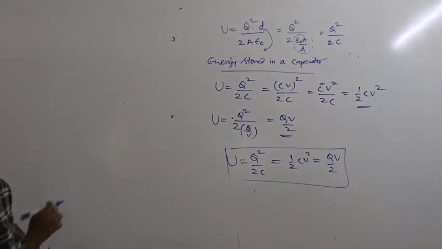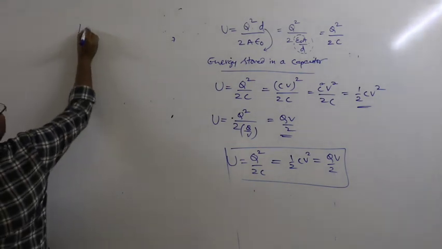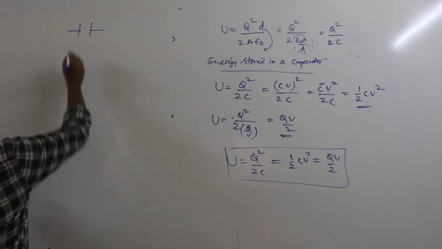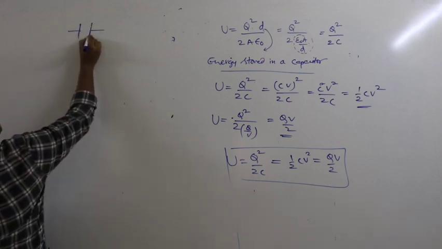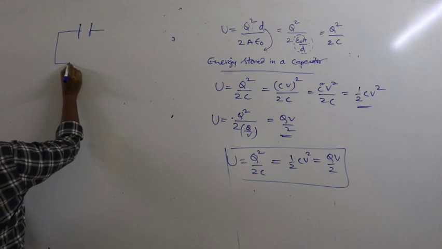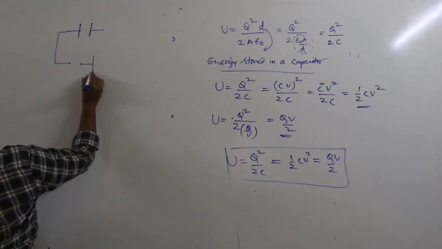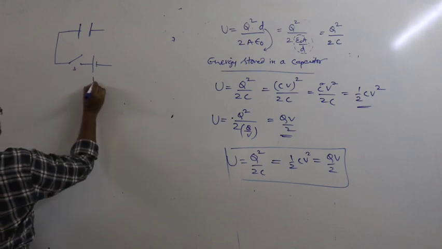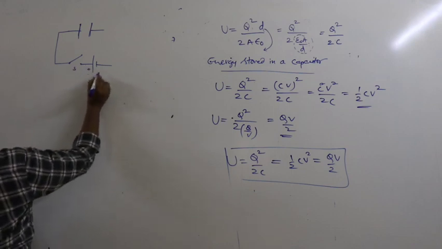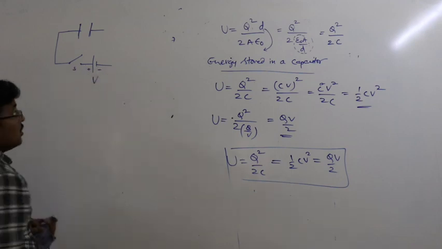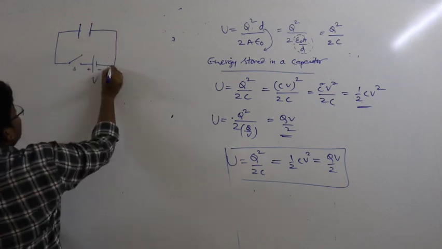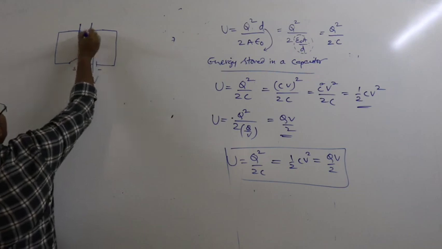So here I will take a parallel plate capacitor, and I will connect this to a cell or a battery via a switch. This is a battery of voltage V, means plus V, this is 0. And the capacitance of the parallel plate capacitor is C.